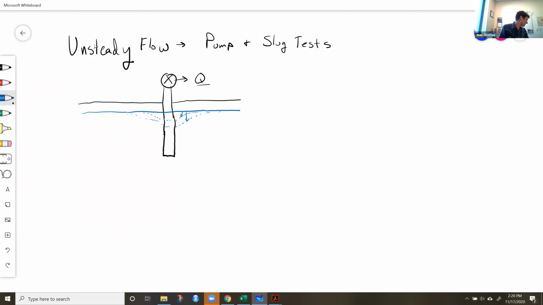And I should say, we'll call it unsteady groundwater flow, because what we're doing here is we're going to be pumping at a steady rate, but the groundwater is going to be responding and changing over time. And so by unsteady flow, I don't mean that the pumping is changing over time. I mean that the groundwater is changing over time. So it's transient. It's kind of the big key here. So transient means it's changing with time.